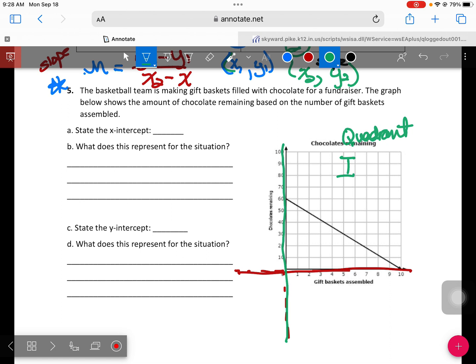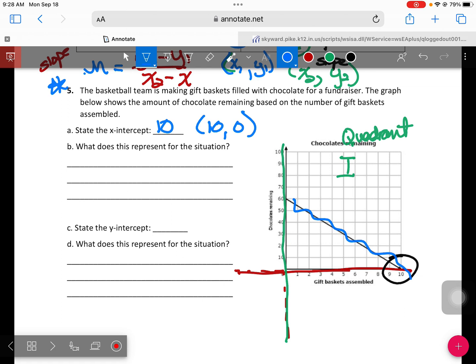Okay. So 10, 0. What are my units for that x coordinate of 10? 10 what? What are we talking about? 10 gift baskets. Yes. Look at your units for what they're talking about. 10 gift baskets. Okay.